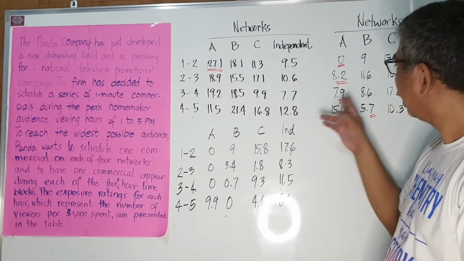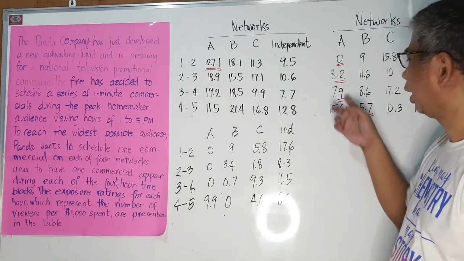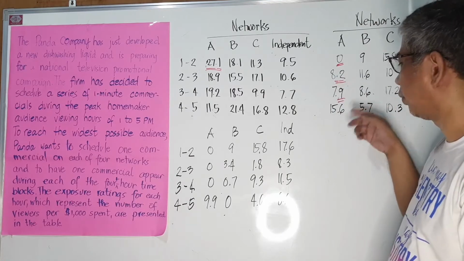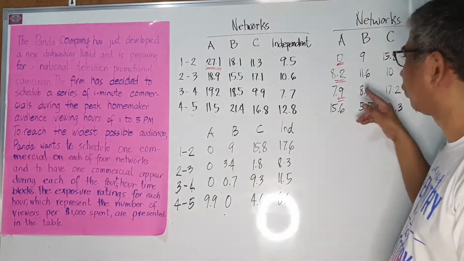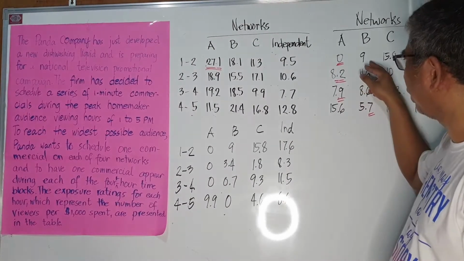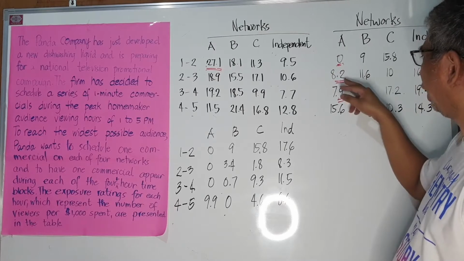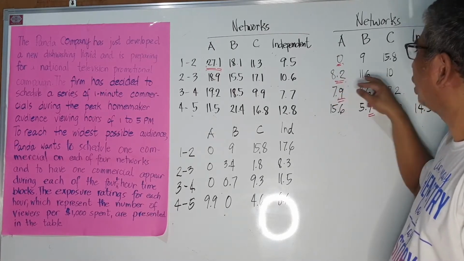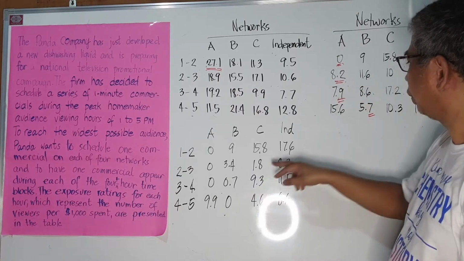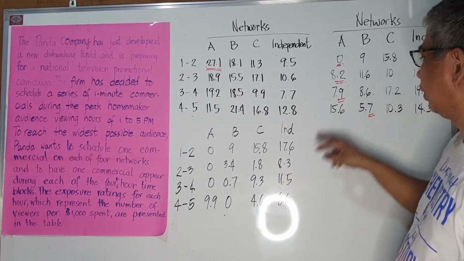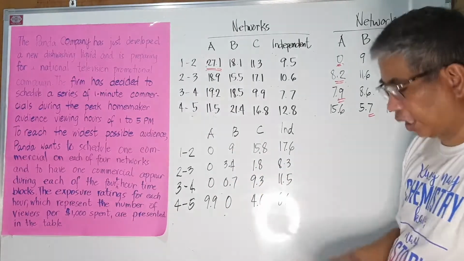So, the smallest value in each row I determined, then we subtract that smallest value from all the values in each row. So 9 minus 0, 15.8 minus 0, 8.2 minus 8.2, 11.6 minus 8.2, then 10 minus 8.2, then 16.5 minus 8.2. Okay? So, this is our resulting table.